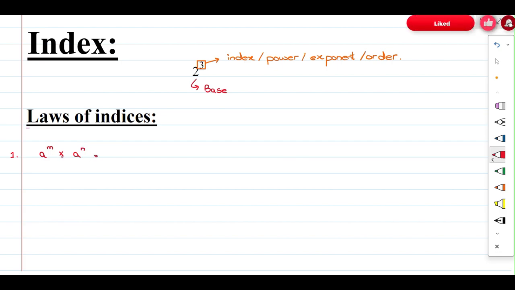When the bases are the same, this is the base, we just add the powers in the product. So a to the power m plus n.